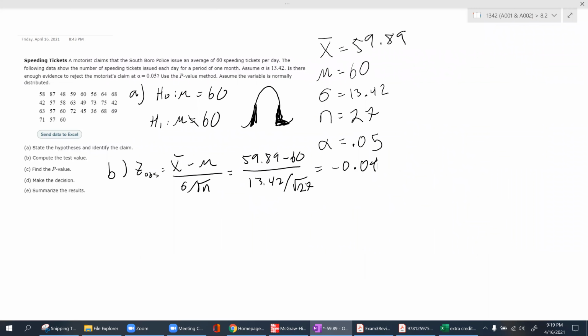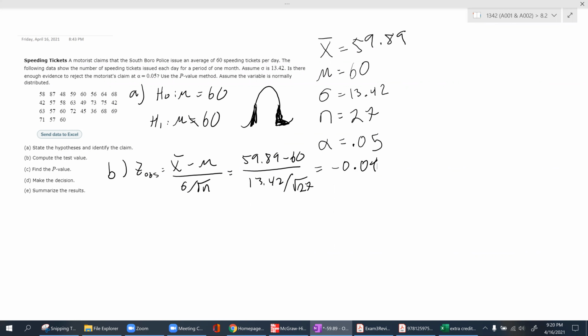Okay, now what are we going to do now? Since we're doing the p-value, your p-values are what's inside the grid of your z table, those probability values.